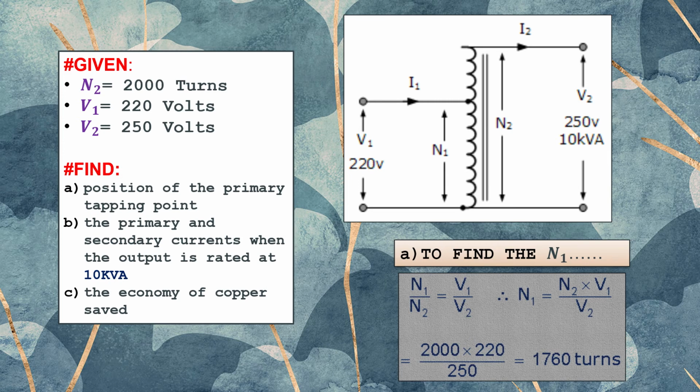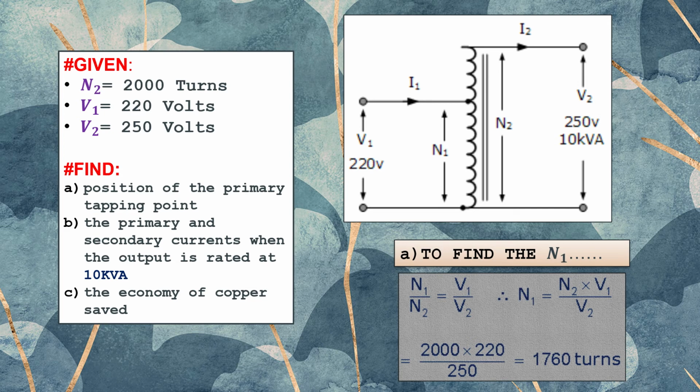So, dun sa una, since ang hinahanap natin is yung number of turns sa primary side, we will use this formula. N sub 1 over N sub 2 equals V sub 1 over V sub 2. So, deriving the formula for N sub 1, we will have N sub 1 equals N sub 2 times V sub 1 all over V sub 2.